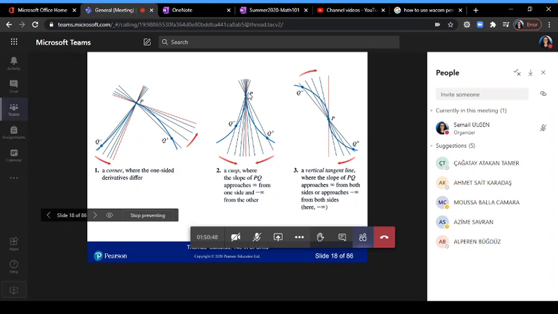There's a big difference between this and this. In other words, you have infinite derivatives, infinite slopes on either side. For example, for this one, positive infinity slope, negative infinity slope, approaching plus infinity and negative infinity.